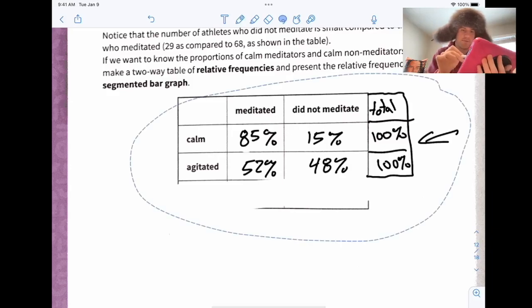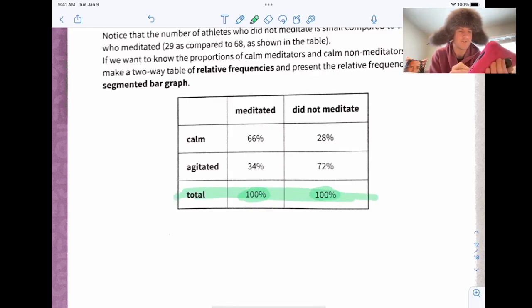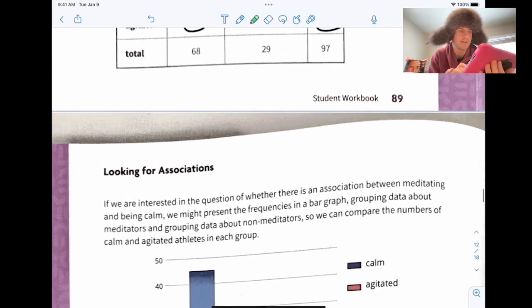And this is how you do relative frequency tables by column totals. You can see the column totals there. So you know whether to use column totals or row totals by looking at the setup of the relative frequency table. If they have 100% at the bottoms of the columns, you're using the column totals.